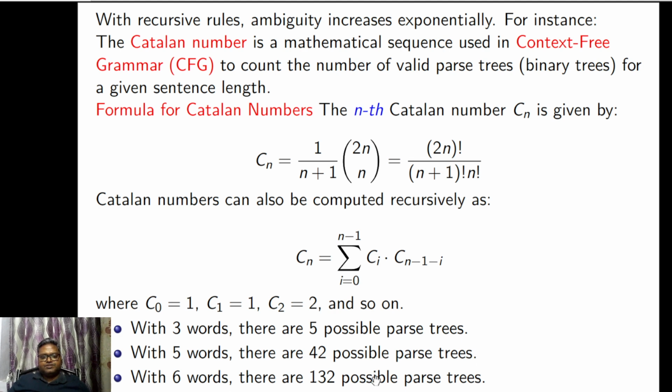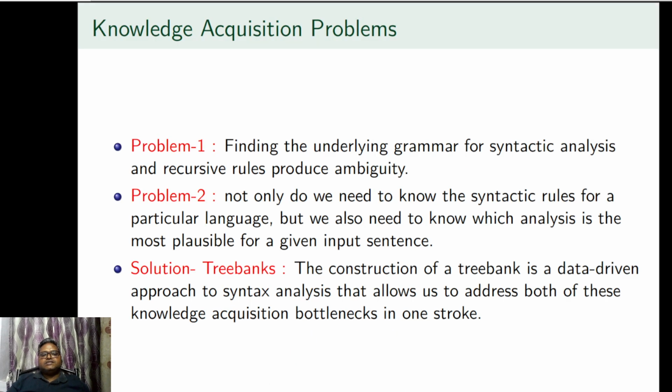With 6 words, there are 132 possible parse trees. So there is another problem. This second problem is that when we have different options of parse trees, which one has to be chosen?